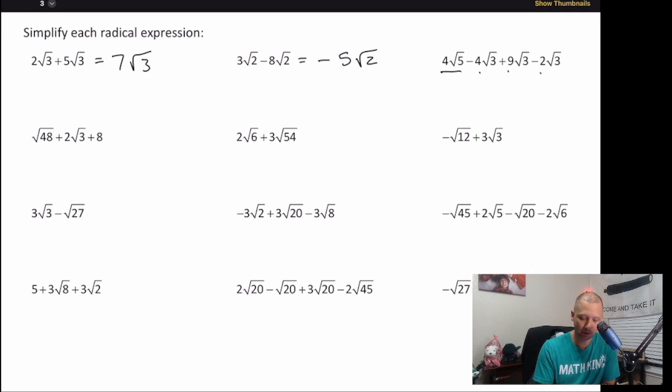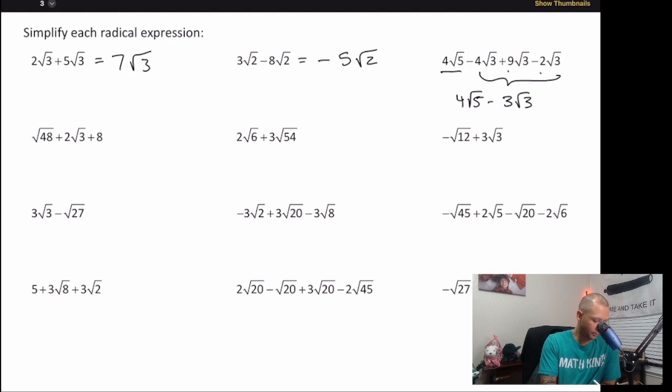So this is going to be minus 4 minus 2, so it's minus 6. Minus 6 plus 9 will be 3. So these will combine to make 3 root 3. And then 4 root 5 will stay in front. So this will be the simplification of these four, basically. You can only combine 3 of them.